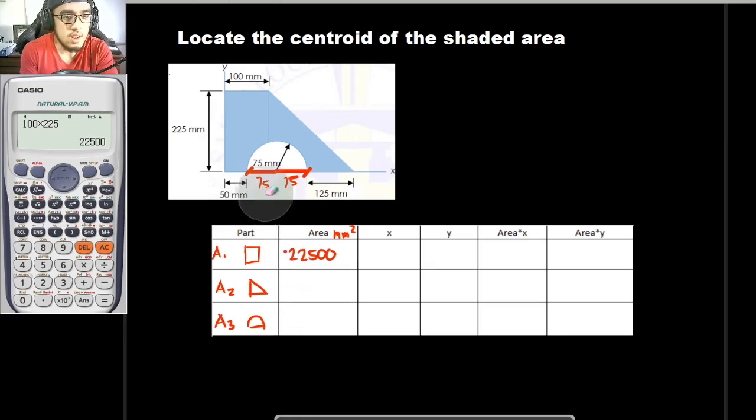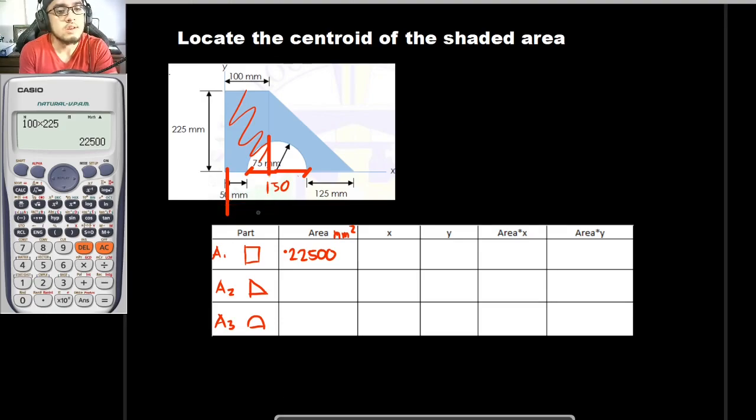So erasing that, that is actually equal to 150. So if that is to be 150, and this rectangle right here has a dimension of 100 by 225, so meaning this dimension right here is also 100 mm. So this whole dimension right here is also equal to 100 mm.